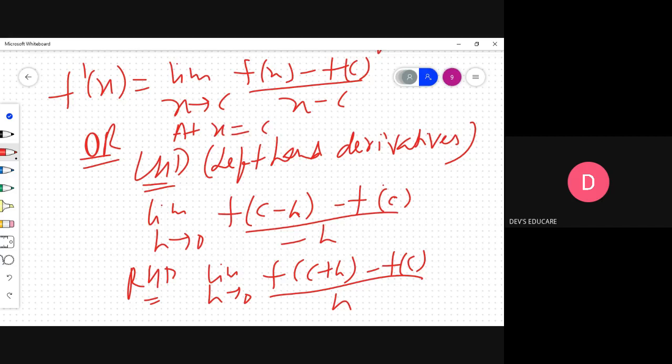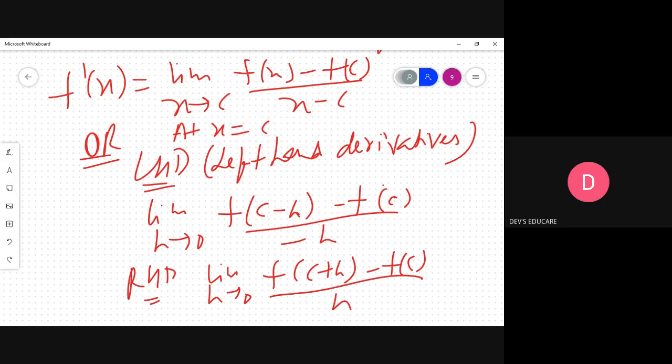Then the left hand derivative is the limit as h tends to 0 of (f(c minus h) minus f(c)) upon minus h, and the RHD is the limit as h tends to 0 of (f(c plus h) minus f(c)) upon h. That is what LHD and RHD are.